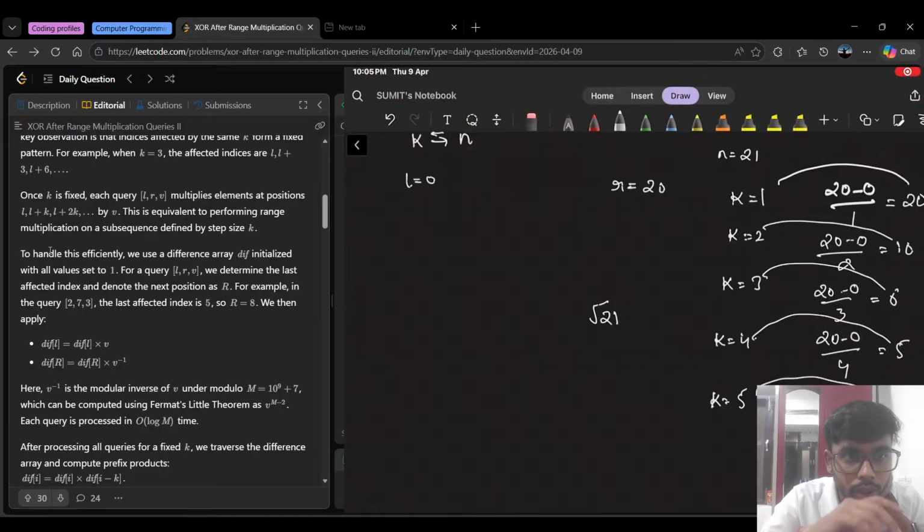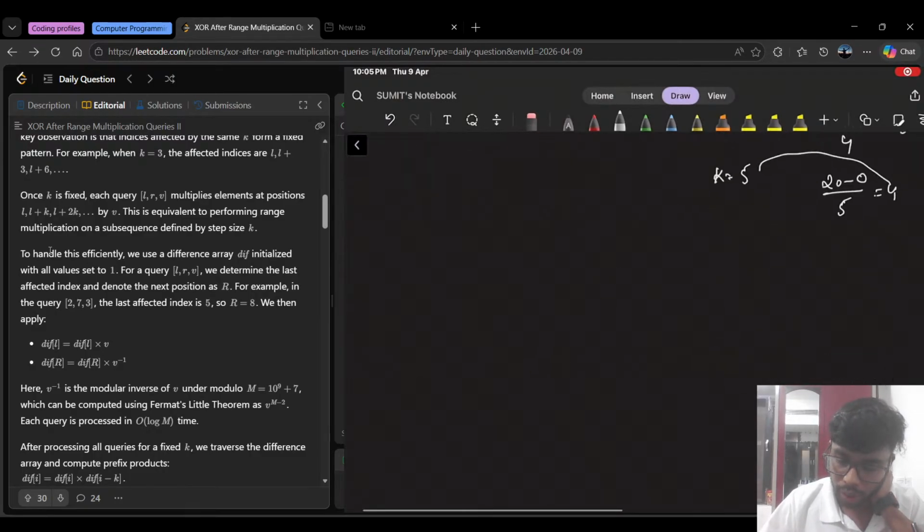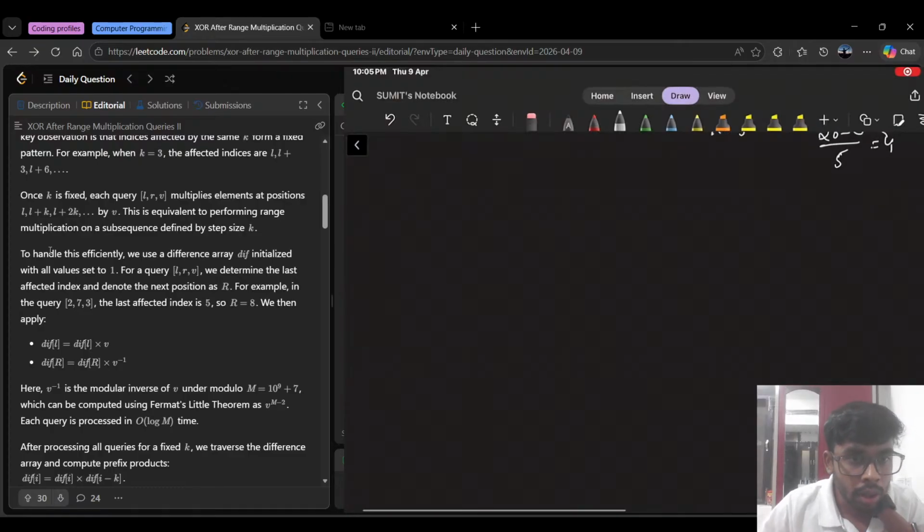For a query L, R, we determine the last affected index and denote the next position as capital R. For example, in the query 2, 7, 3, the starting index is 2 and the step is 3, so the last affected index is 5.